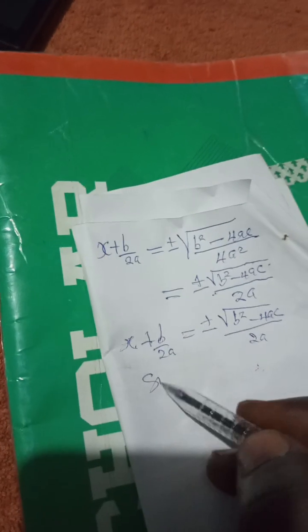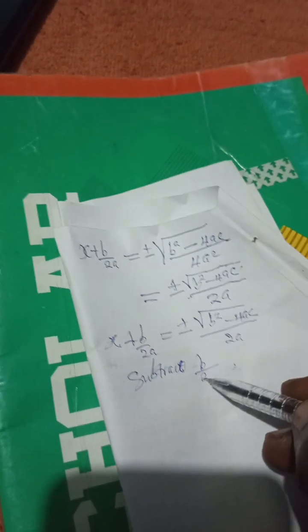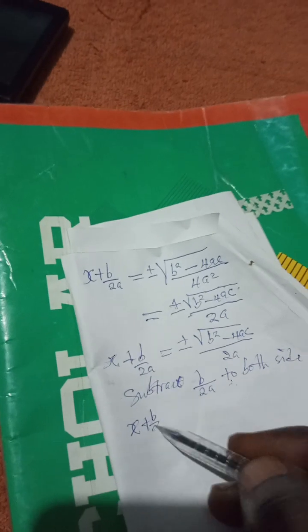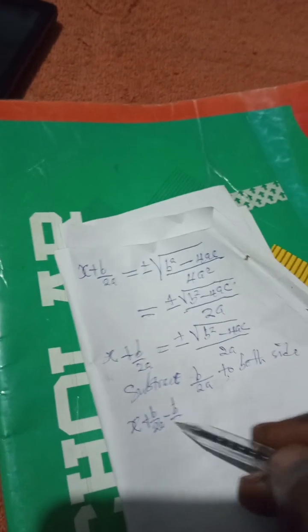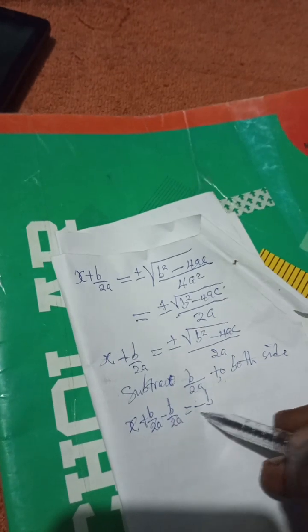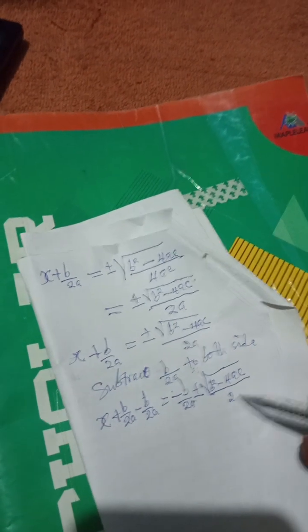When you subtract b over 2a from both sides, you have x plus b over 2a minus b over 2a is equal to minus b over 2a plus or minus the square root of b square minus 4ac, all divided by 2a.